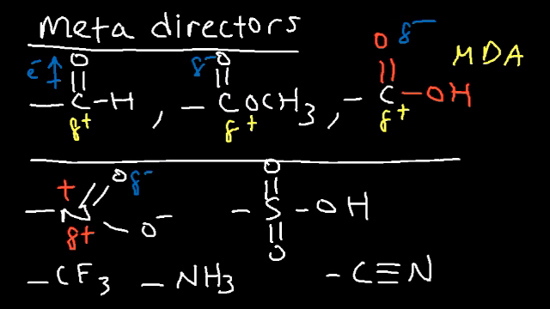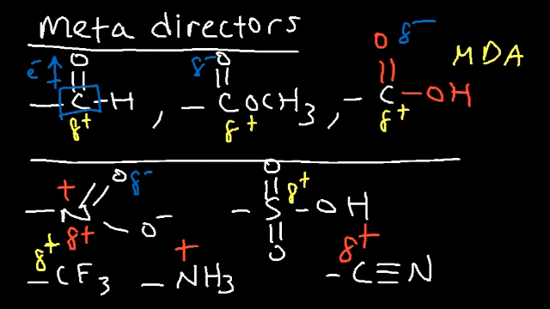Now the same is true for sulfur. It's partially positive, and this carbon is partially positive. It's attached to three electronegative fluorine atoms. Now this nitrogen, NH3, has a positive formal charge, and this carbon also has a partial positive charge. So as you can see, whenever the first atom has a partial positive charge, it's usually a meta director.